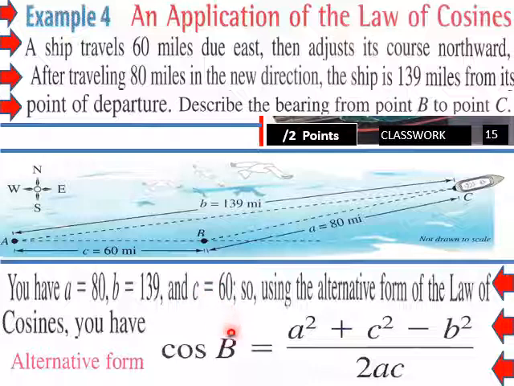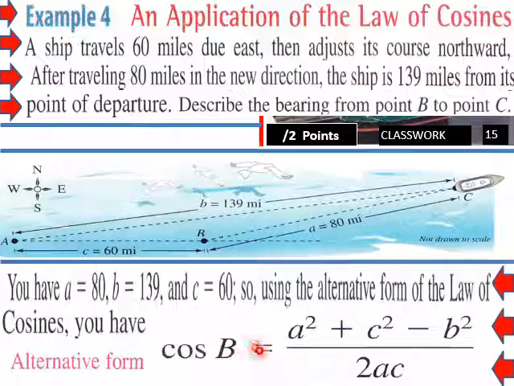We have c equals 60. So we're trying to find cosine B, this angle here. Do we have cosine B? We don't. All we have here are measures of the sides. So we're trying to find angles.